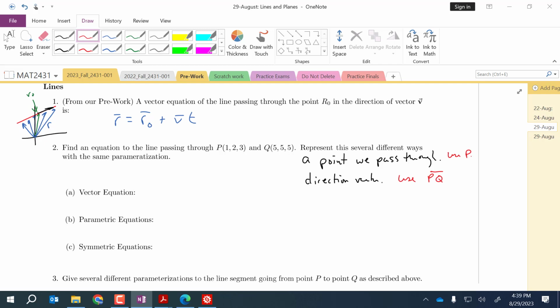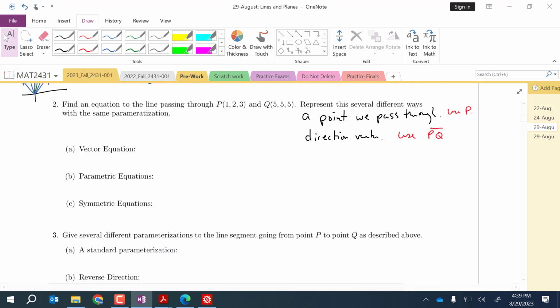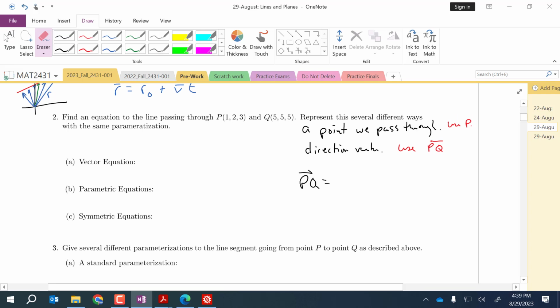So what's our vector PQ here? Let's build that first. What would be the vector PQ? It would be the vector 4, 3, 2, right?